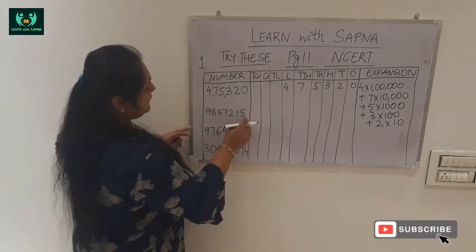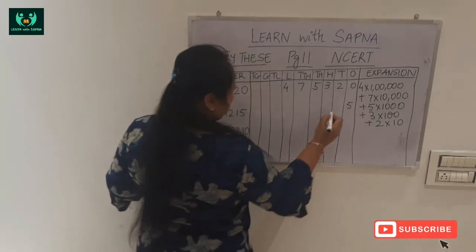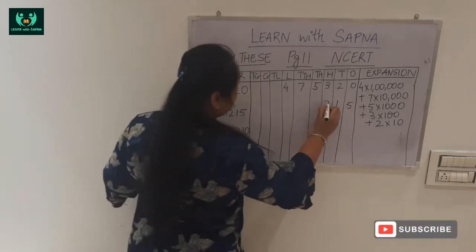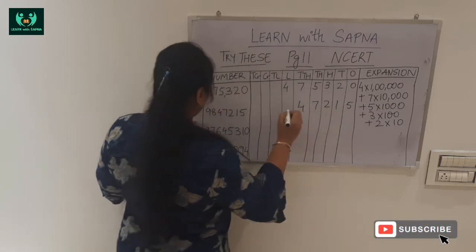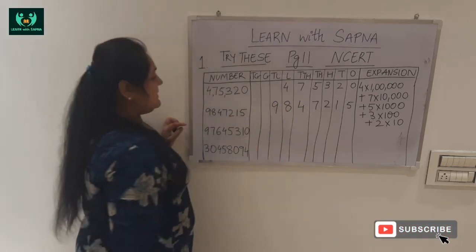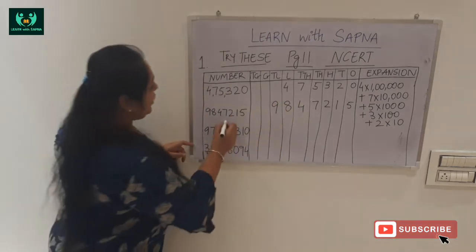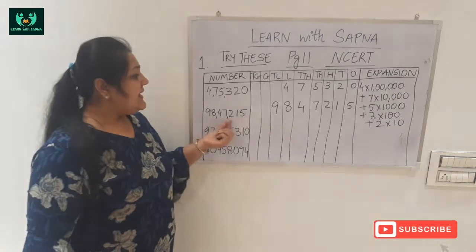For the second number, we'll start from the right. We'll write 5 at the ones place, 1, then 200, 7,000, 40,000, 8 lakh and then 90 lakhs. We'll put the commas, something like this. So how will we read this?